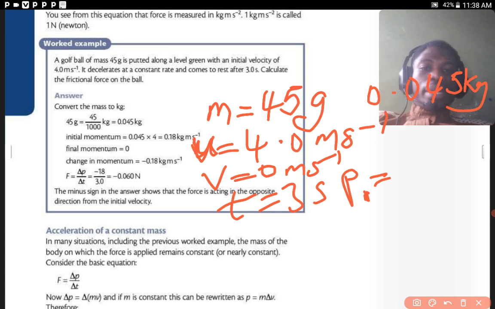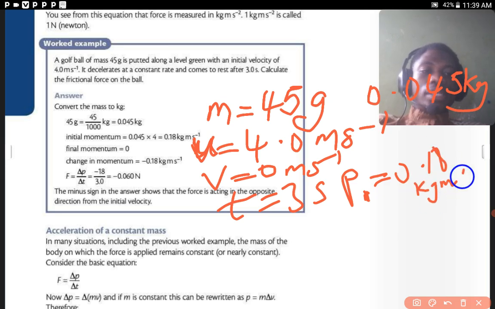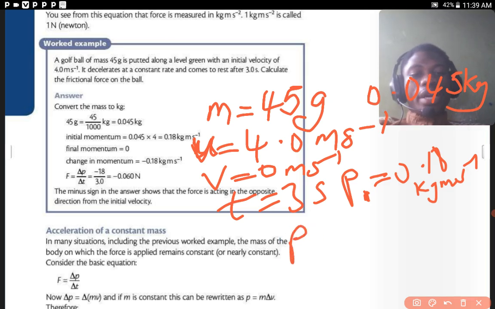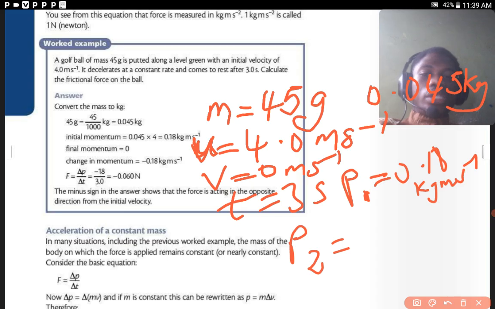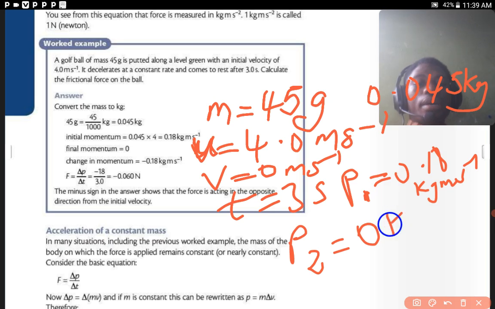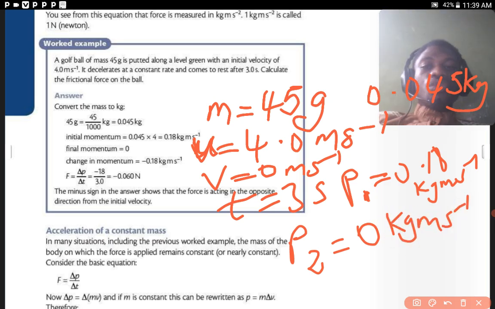You multiply that, you have 0.18 kilogram meters per second. You now have to calculate the final momentum P2. Since final velocity is 0, the final momentum must be 0 kilogram meters per second.